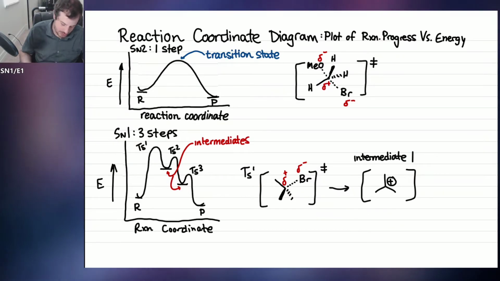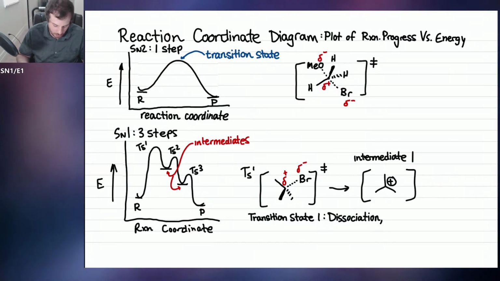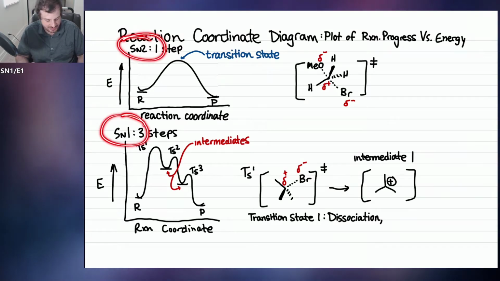Okay. Now, let me just put a little in writing so that we can be clear here. So transition state 1 is dissociation, the first step of our mechanism. And what I want you to look at is the highest energy transition state for the SN2 reaction and for the SN1 reaction.